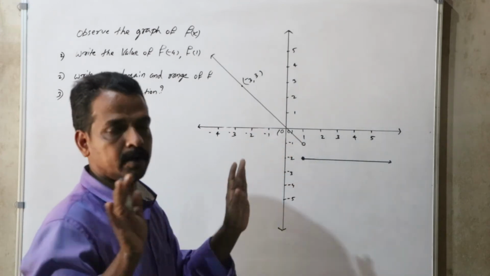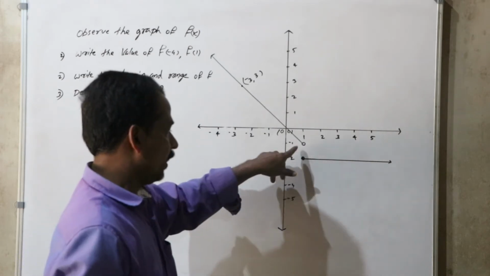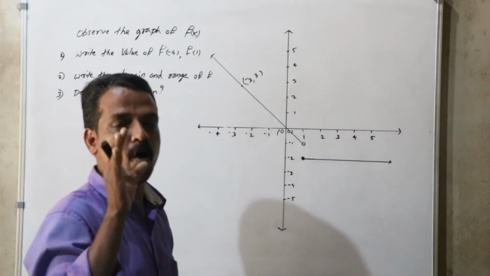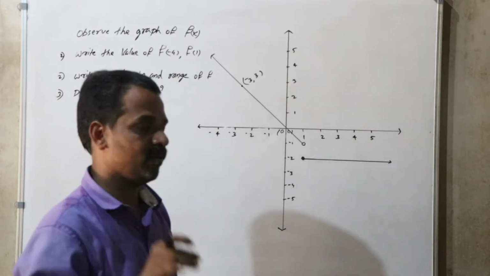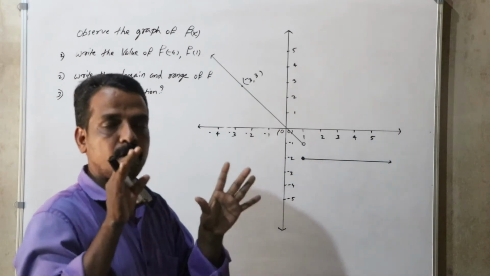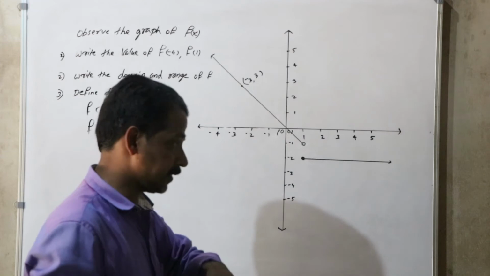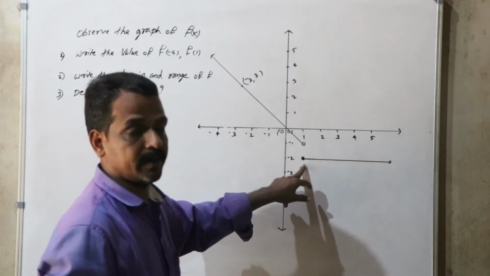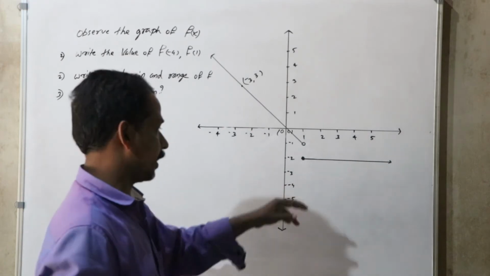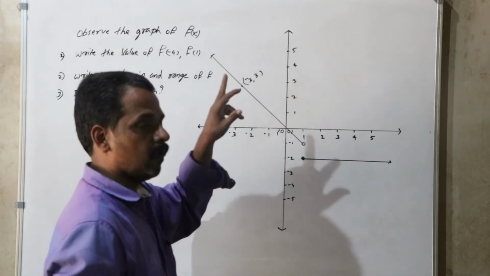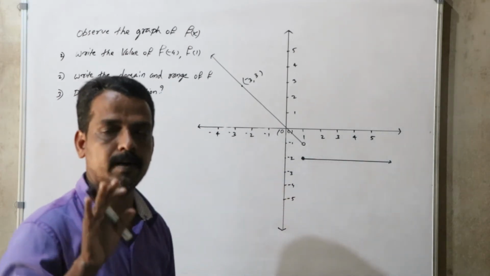Here 1 does not come. Why? Here is an open interval, an open circle. So 1 does not come in this line, but here is a closed interval. In the second line there is a closed interval. So 1 is included in the second graphical line.